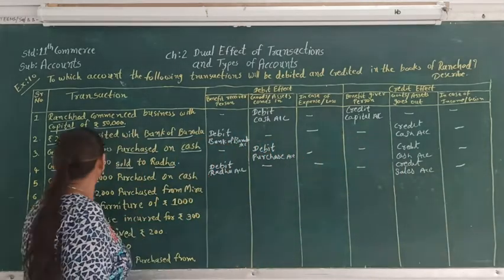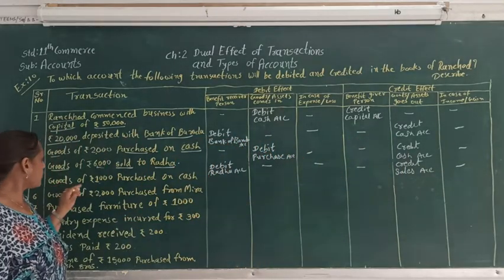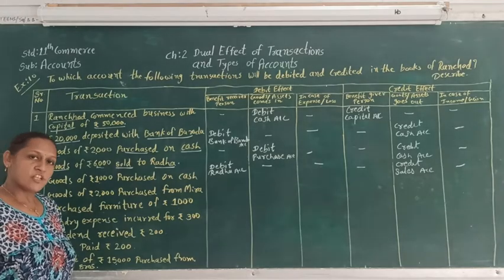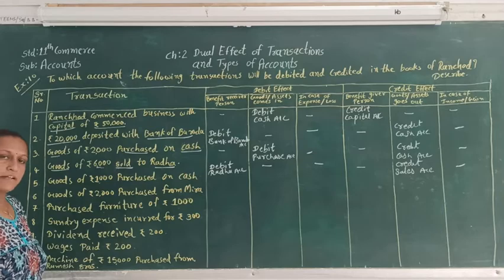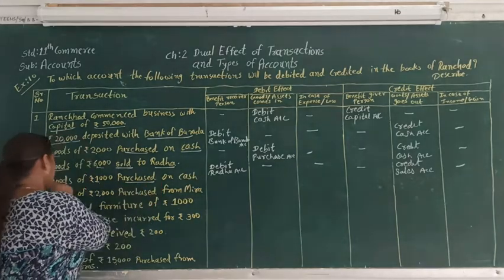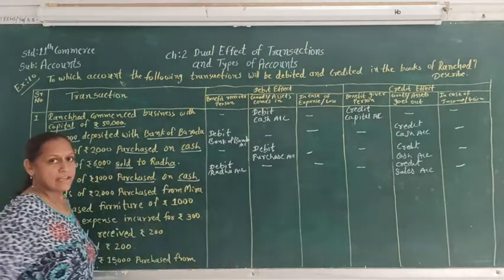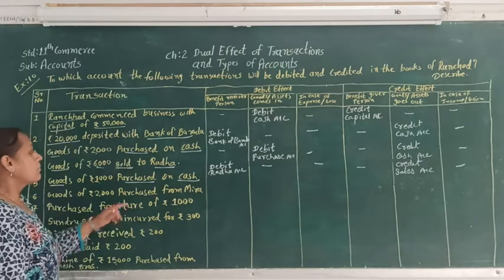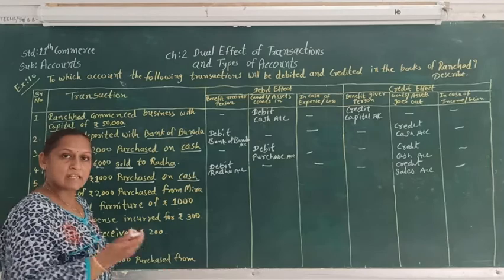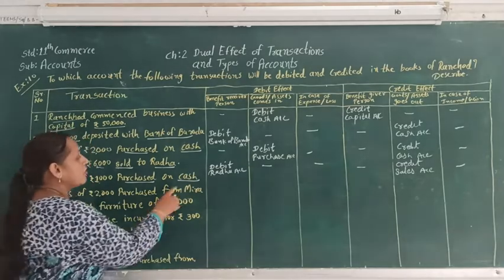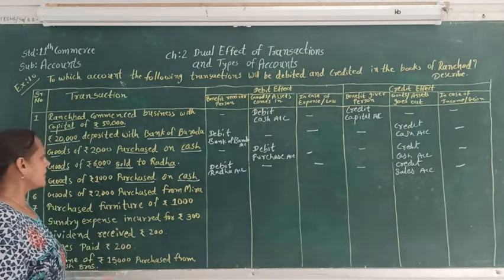Our next transaction is goods of rupees 1,000 purchased on cash. So here which two accounts are associated? The very first is the purchase account, and the second one is the cash account. When we are purchasing the goods, the goods are coming in the business, and on cash means we are paying the cash.